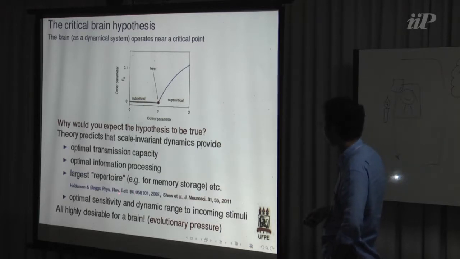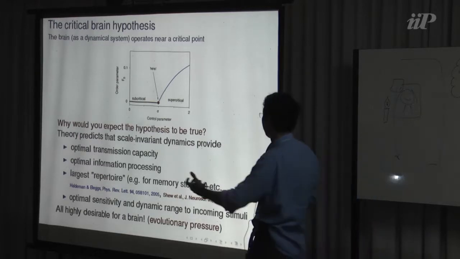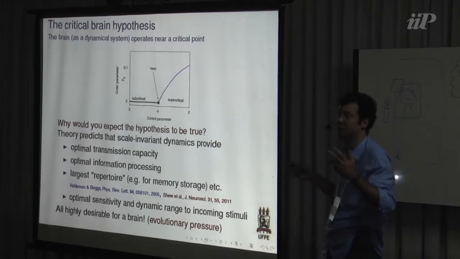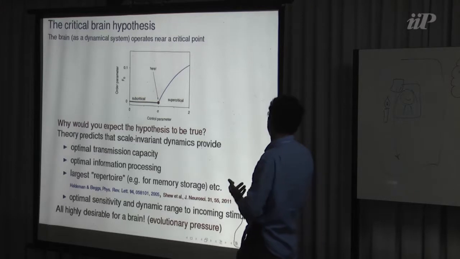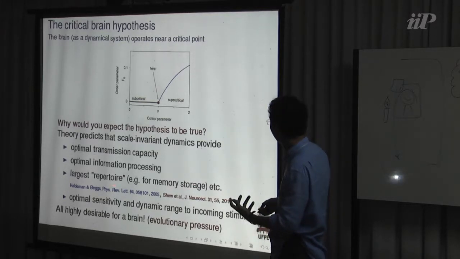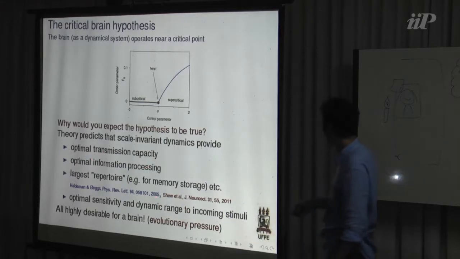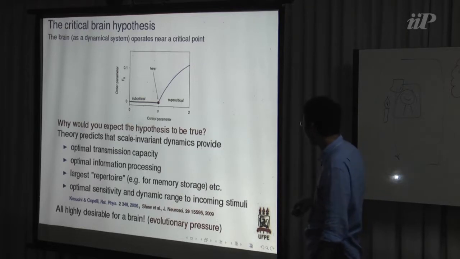They have shown in a Physical Review Letters paper that you have the largest repertoire. You can understand repertoire as for memory storage, for instance, or as processing diversity for the information processing here. And then Woody Shew in Dietmar Plenz's lab has also shown that this is true experimentally in slices.